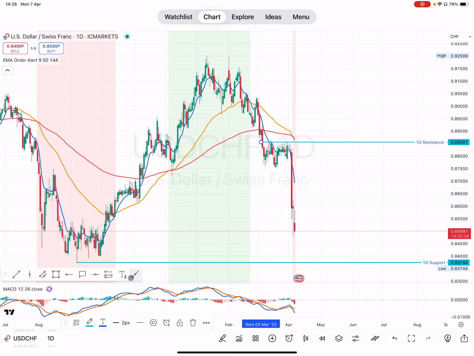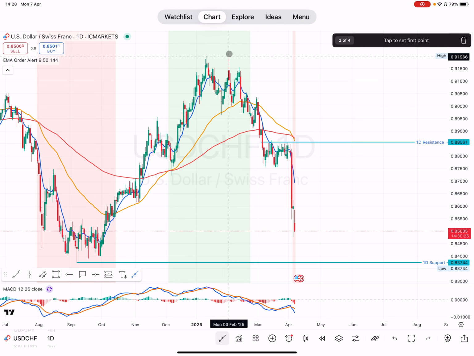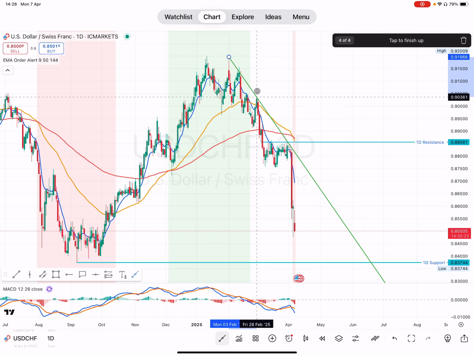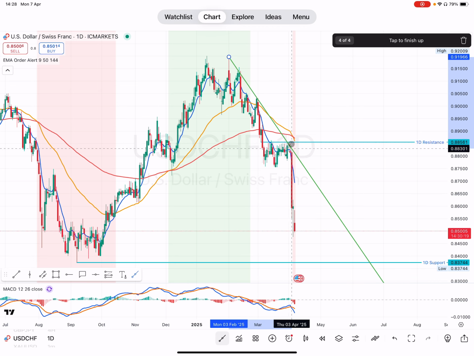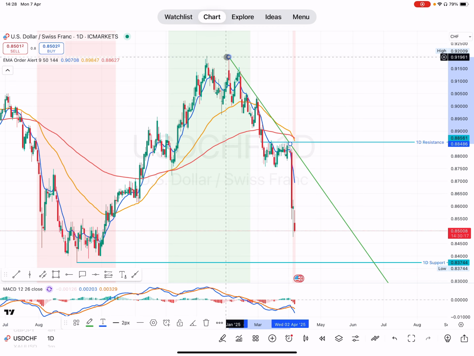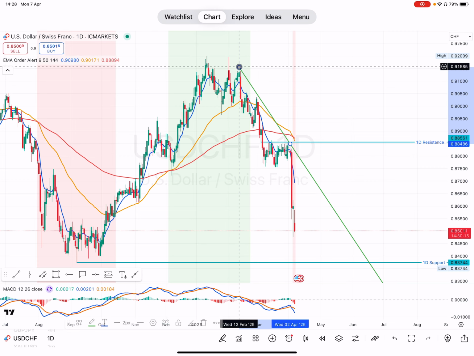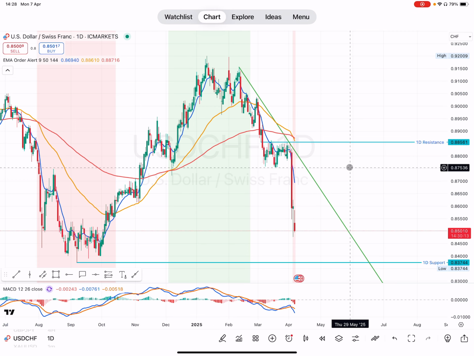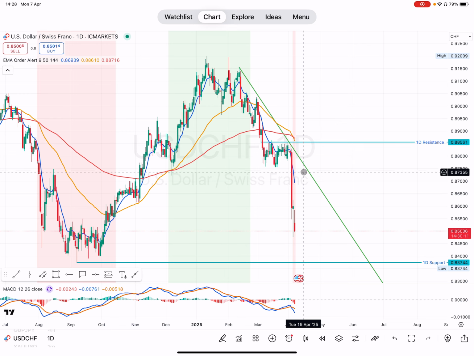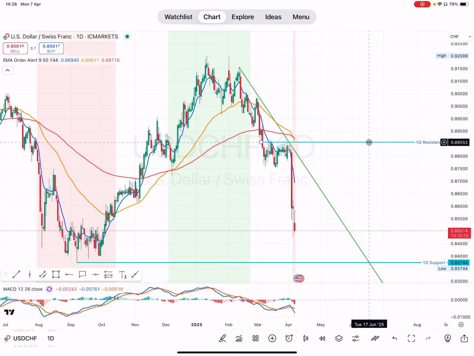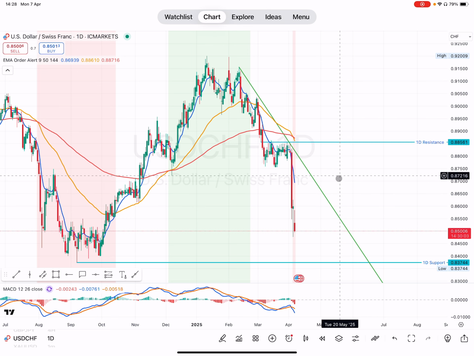Here we go. Let's take this one instead. Okay, so that's our trend line going down. If the market breaks this line, we want to be looking for a buy trade.